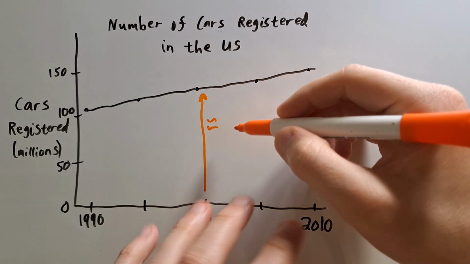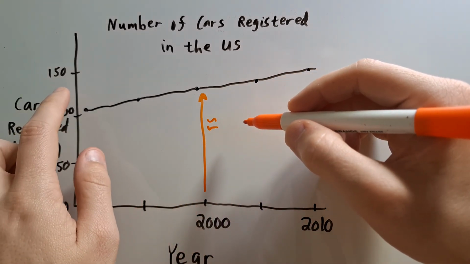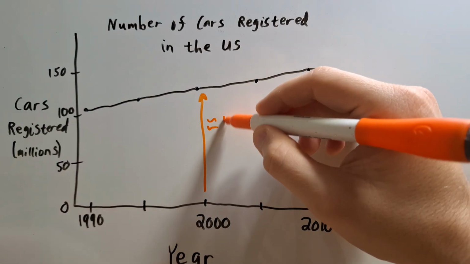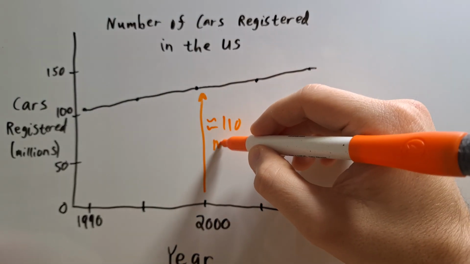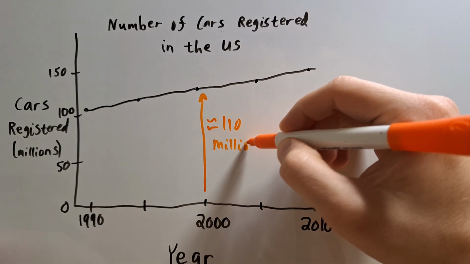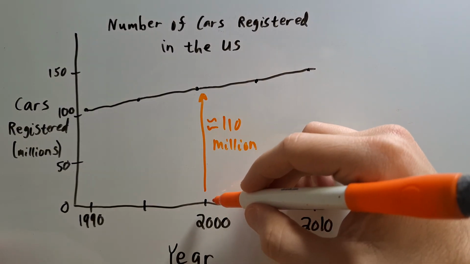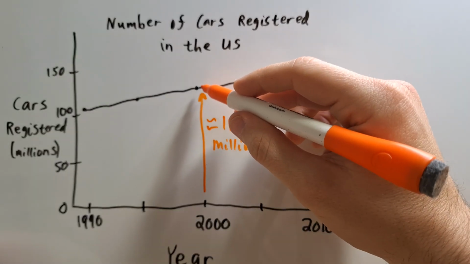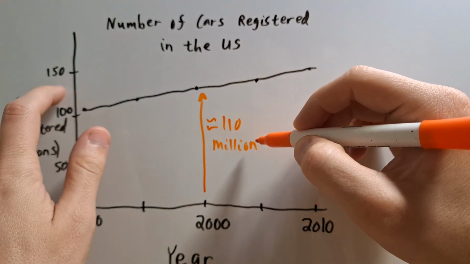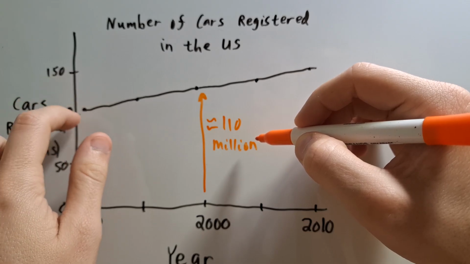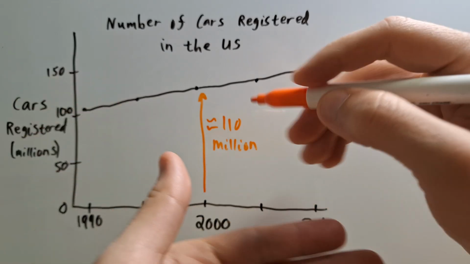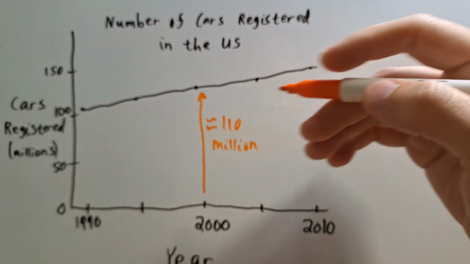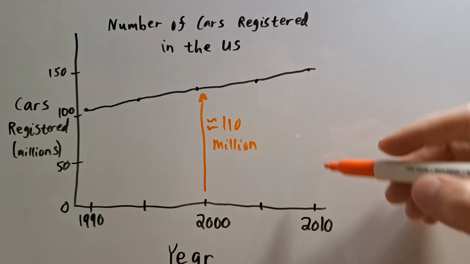So as long as it's not too extreme a value, we could say 110 million, and I'll do that for this video. So the amount of cars sold in the year 2000 is roughly around 110 million. It's less than half, and it's more than 100 million. So as long as we're in that margin, we're okay.